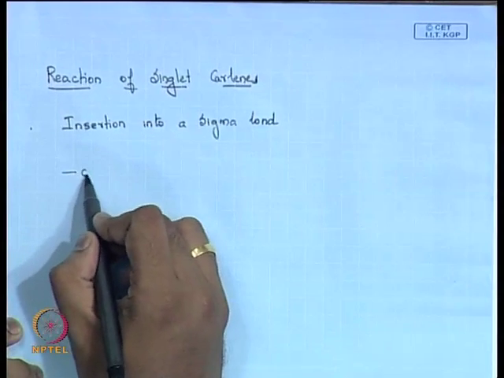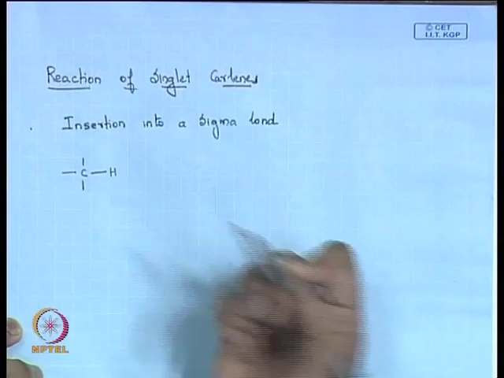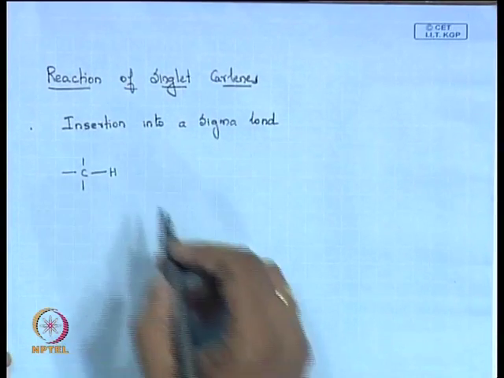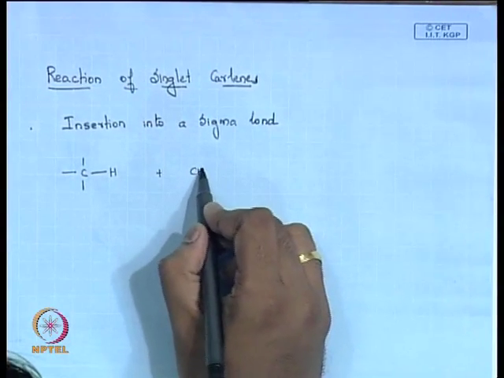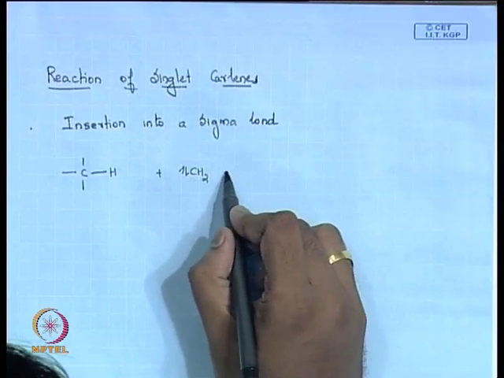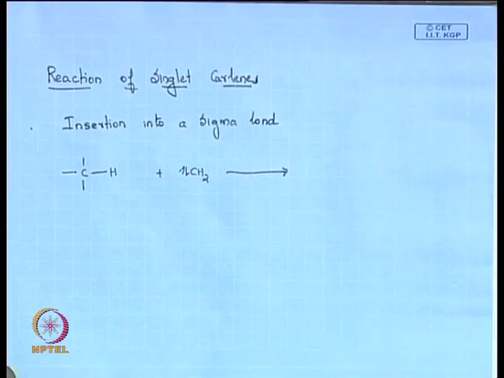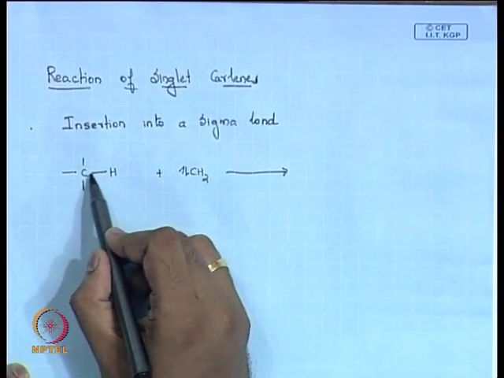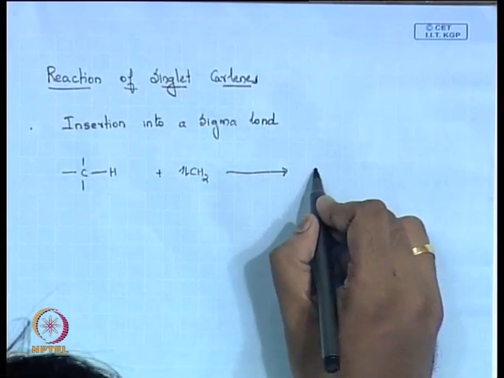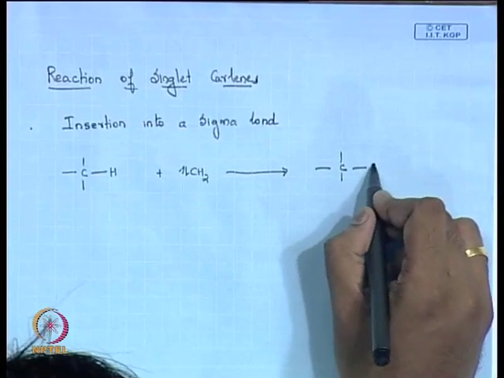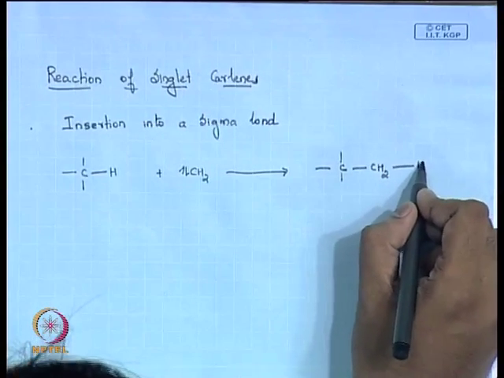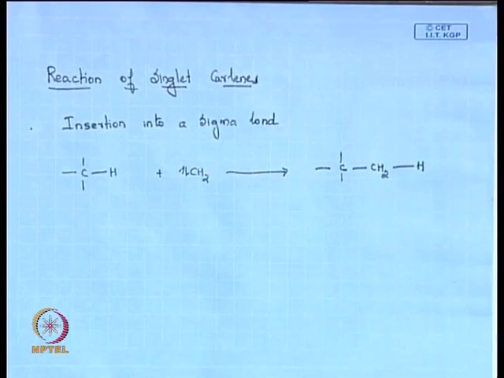If you have an alkane where you cannot do anything, and you can generate the singlet carbene, it nicely gets inserted into this sigma bond. So, you will end up with a C-H insertion. Very nice chemistry of singlet carbene, and it does it very fast.